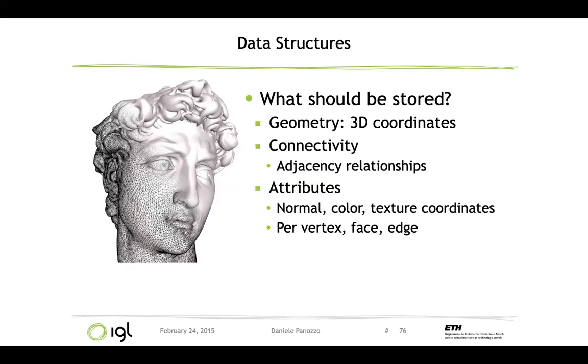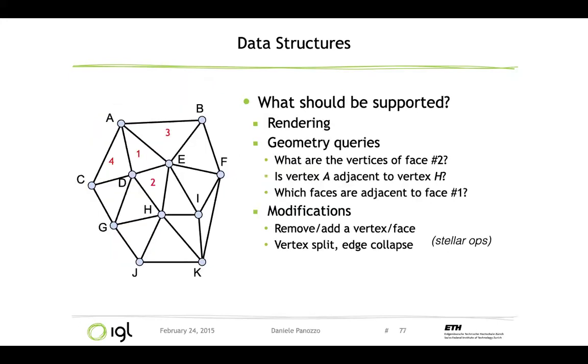And also, as I mentioned in the beginning, different types of attributes like color, normals, texture coordinates. These attributes are usually associated with vertices, but they can also be associated with faces and edges. And we want to store all that in a mesh in the most efficient way.